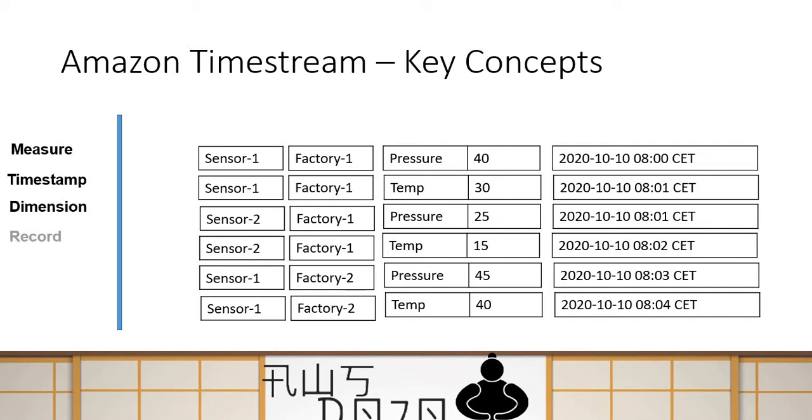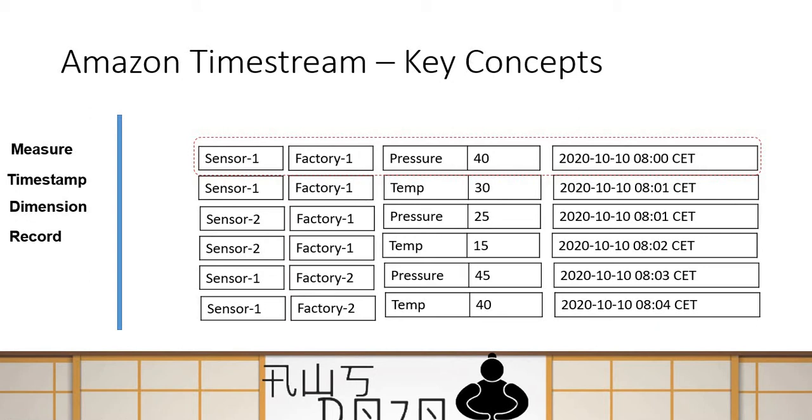Okay, and then this whole thing is called a record. So far we talked about measurements, timestamp, and dimension. But from the Timestream database point of view, this whole thing, including your dimensions, your measurements, and your timestamp, all put together is called one time series record.